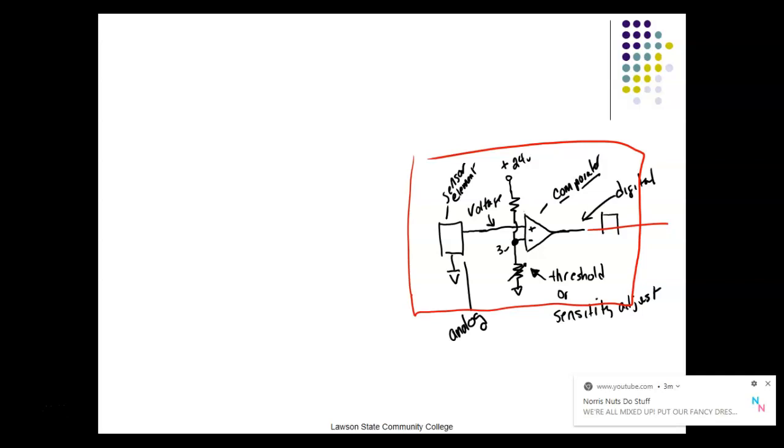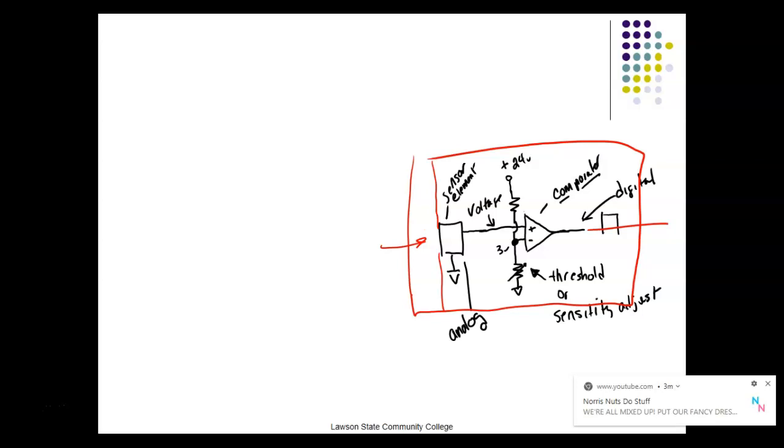A lot of these sensors have a little threshold adjustment on them, like we saw on that pressure sensor back there, where I could set where it tripped. So this is the basic circuit. The sensing element would probably be right here somewhere, because it's got to be exposed to the outside, right? And that's all there is to it.